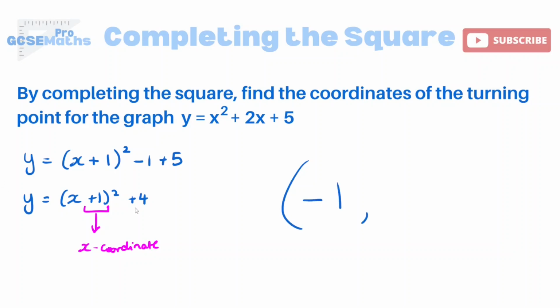And then this one on the outside is going to be the y coordinate. That one you don't change the symbol, okay? Keep it the same. 4. That's literally it. You complete the square, then you just take those two numbers. Change one of the symbols for the x, but the y is the same.